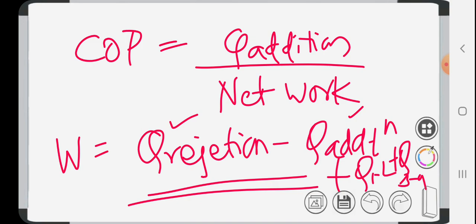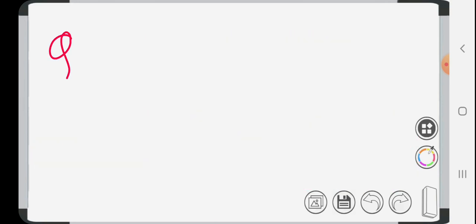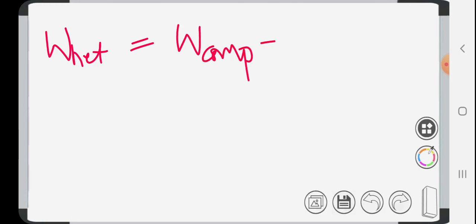So instead of writing net work transfer in terms of net heat transfer, work net can be calculated from work in case of compression minus work in case of expansion, right?